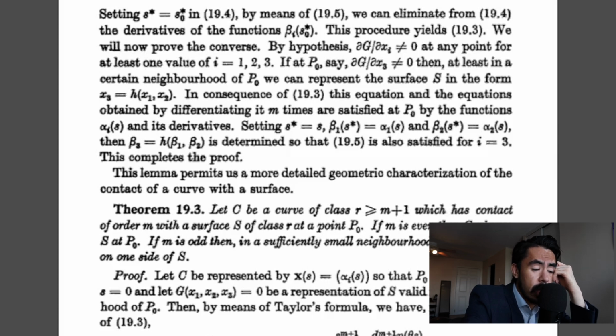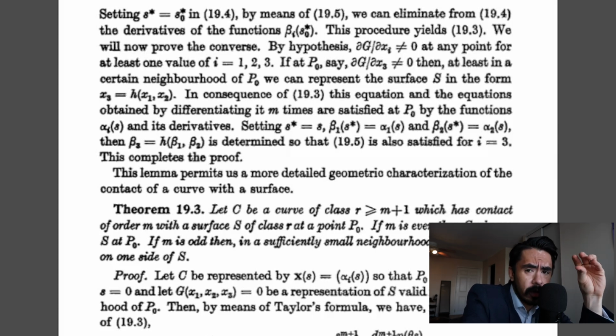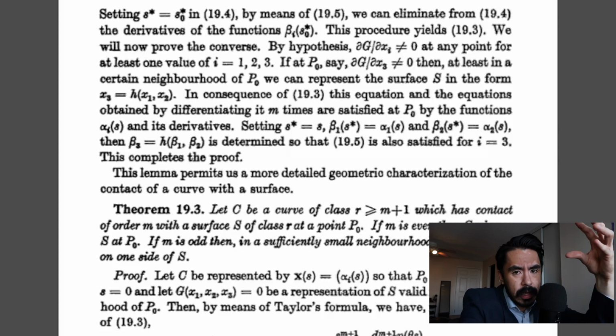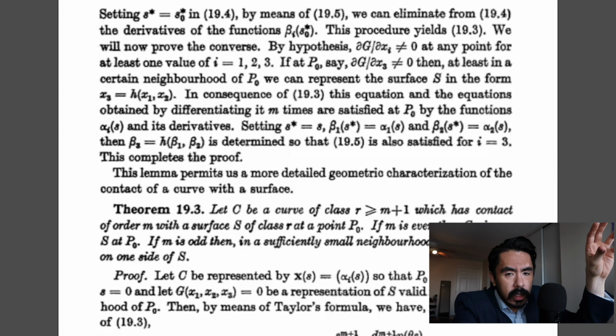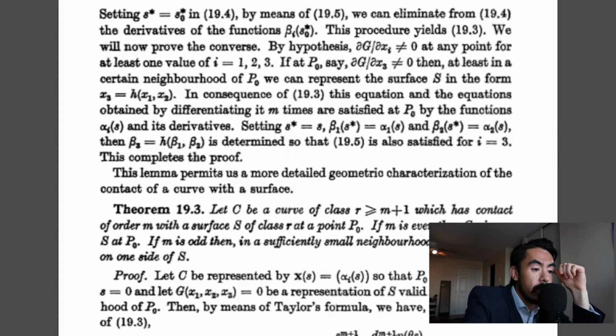So, in consequence of the conclusion of Lemma 19.2, again, we're going backwards, so we're assuming that we already have the conclusion of Lemma 19.2, and going backwards from that, we're going to get the conditions or the assumptions that are in the beginning, the forward direction of Lemma 19.2.